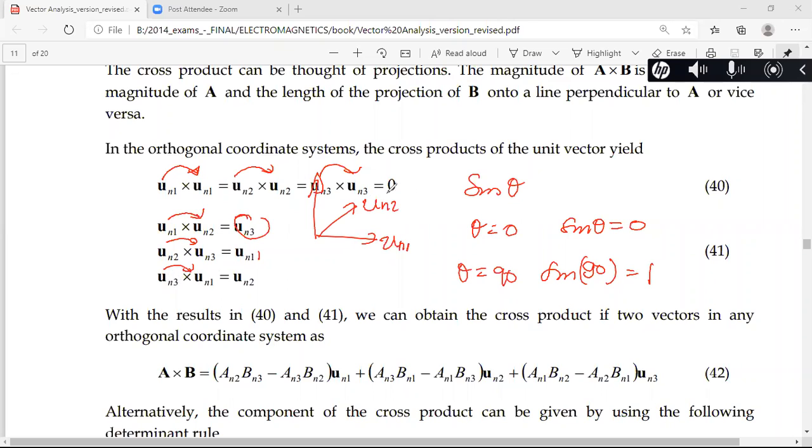UN1, UN2, UN3 follow the right-hand rule. These axes obey the right-hand rule. Therefore, when you take the cross product, you get another unit vector perpendicular to the others, obeying the right-hand rule.